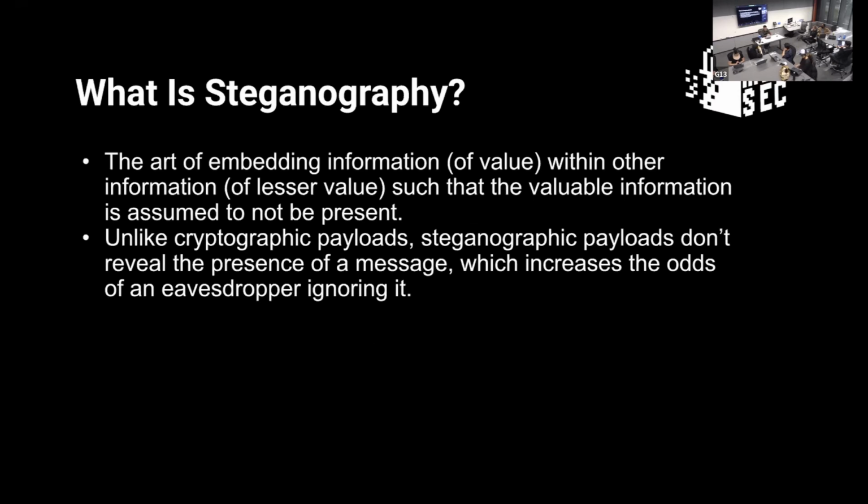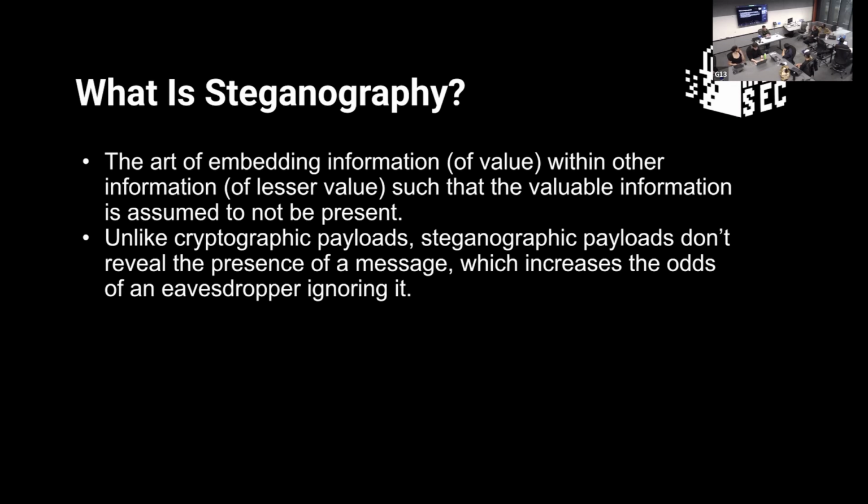In cryptography it's a function: we have some message and a key, and we use the key to jumble the message, so it won't be the same message, but a man in the middle will be able to see that it is something of value because it's been hidden. With steganography, the goal is to embed the message within some other payload.